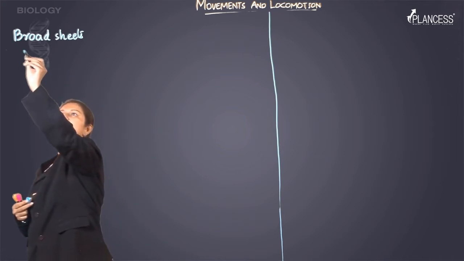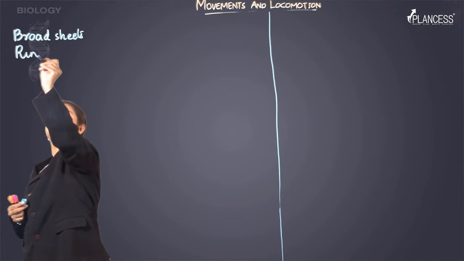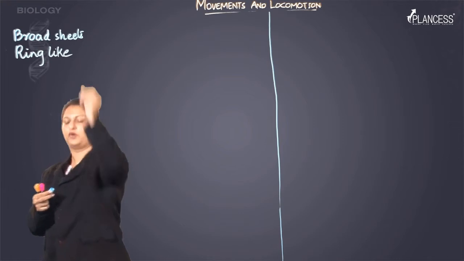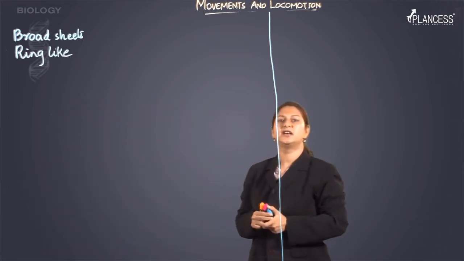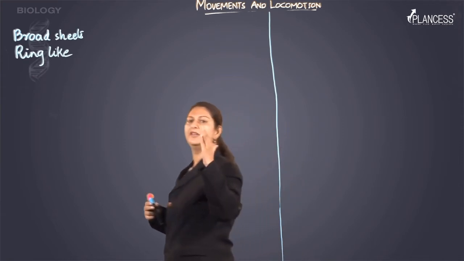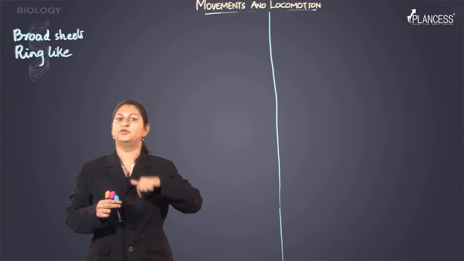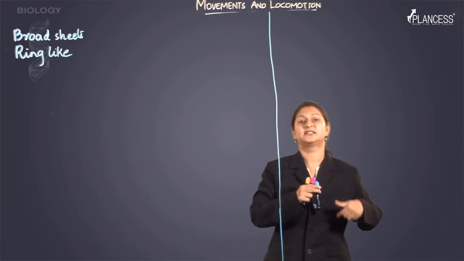The second type you can see is ring-like structures. Now, where do these ring-like structures fit in the human body? Well, there are many sphincters. The sphincters behave almost like gates. As you eat, the food enters, and part by part it is allowed to enter the stomach.